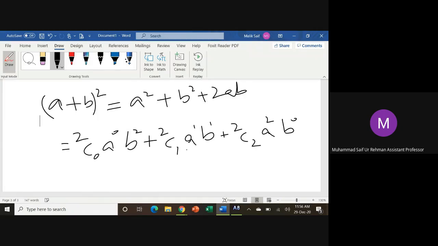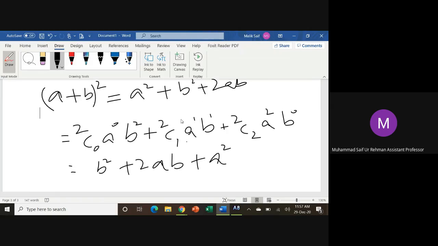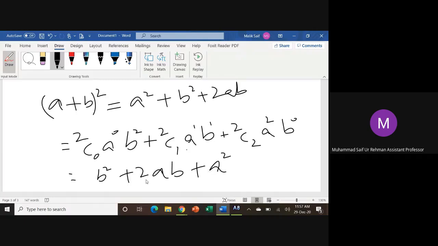Okay, so now if you further expand it, 2c0 means 1, a power 0 means 1, b square will be there, plus 2c1 means 2, a and b, plus 2c2 means 1, b power 0 means 1, so you will remain with only a square. So now you can see that this is exactly this. Simply you can write down the terms a square plus 2ab plus b square. So these two are equal.